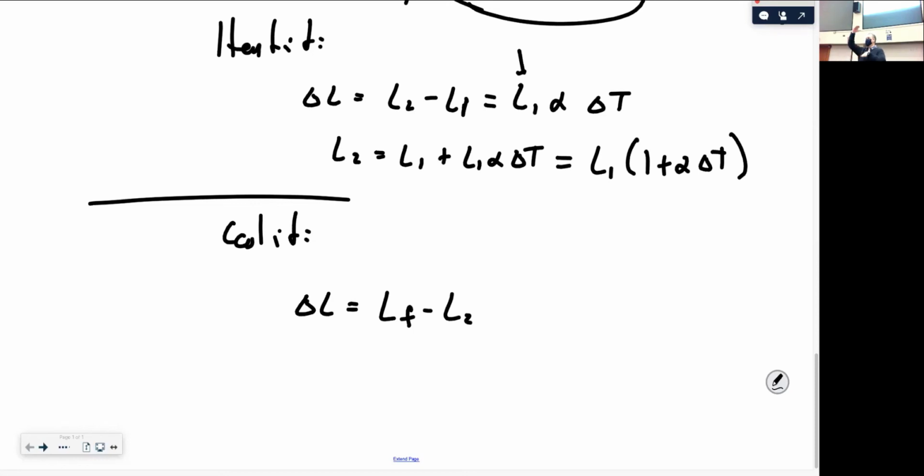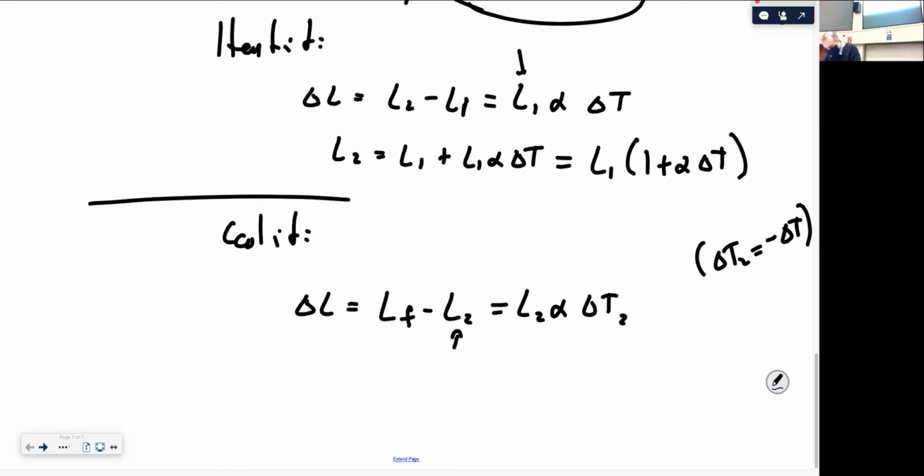So again, we're starting at L2, and we're going to cool it by the same delta T and see where we get. Let's see what LF is. This is going to be equal to L2, because that's our starting point, times alpha delta T. We'll call it T2, but we know that delta T2 is equal to negative delta T, because we're just cooling it back down by the same amount we started from.